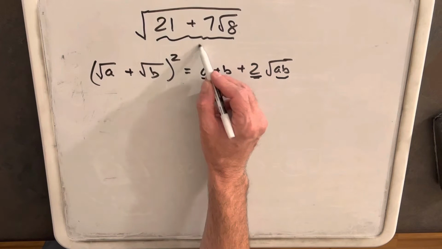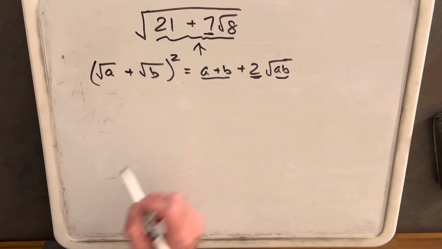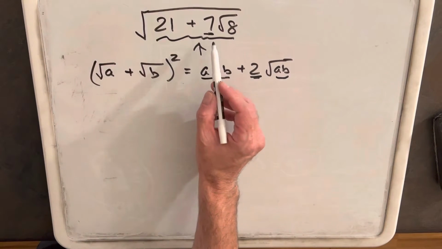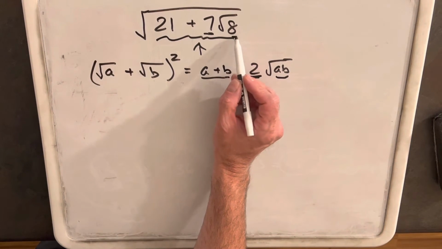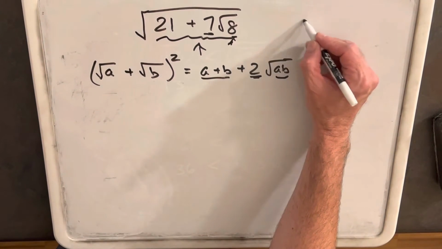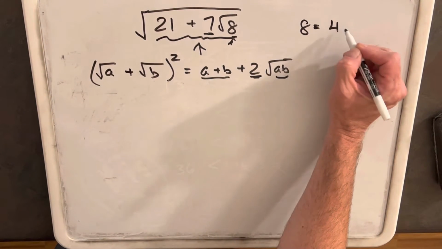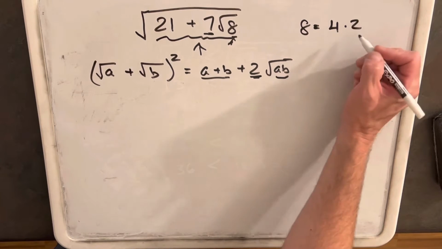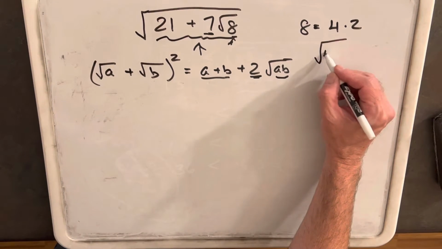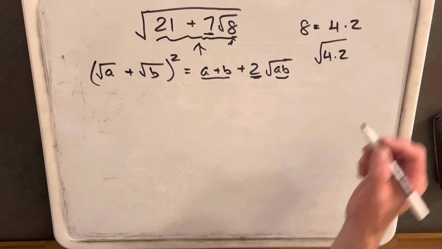Now, comparing this to what we have here, the problem is we don't have the 2 there, which is making this a little more difficult. So whenever that happens, I want to see if I can factor a 2 out of that. Now notice 8 can be written as 4 times 2. So the square root of 8 can be written like that.